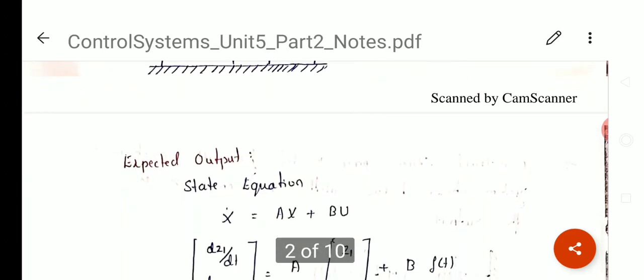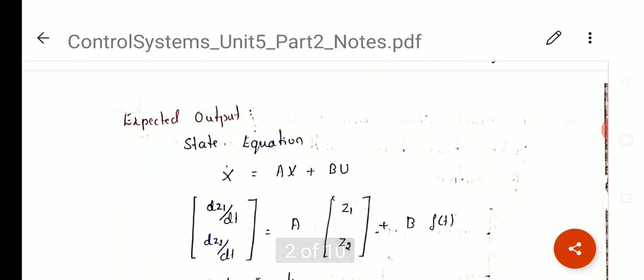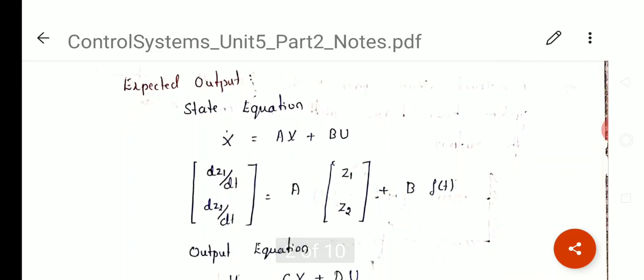Now the next step is to find the state equation, which is x dot is equal to Ax plus Bu. Now what is x? X is a state vector. So the state vector is nothing but the vector formed by the state variables. What are the state variables that we have decided?